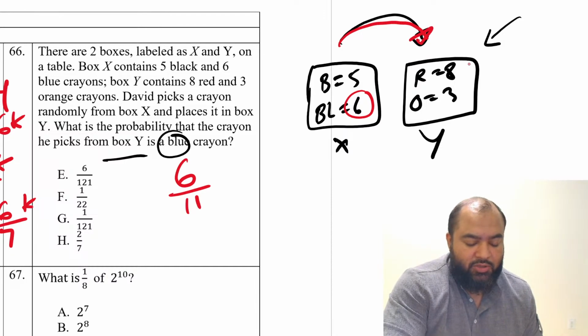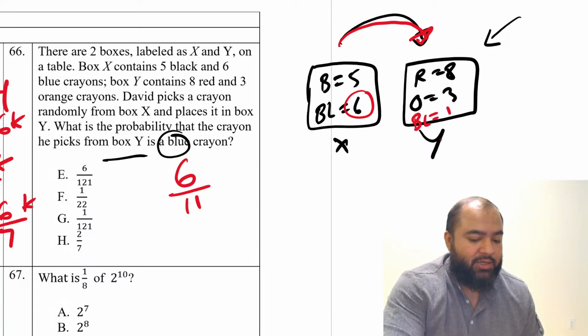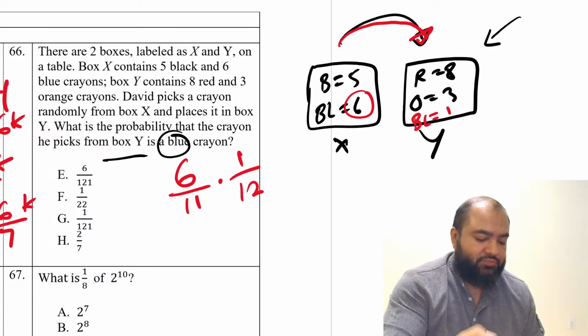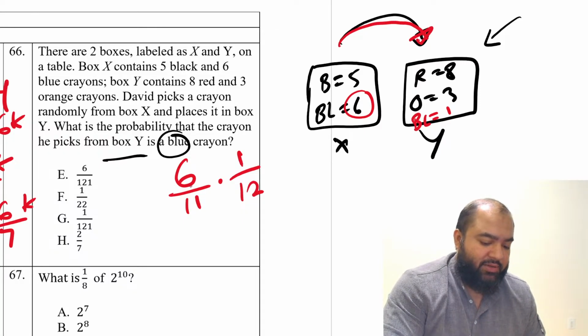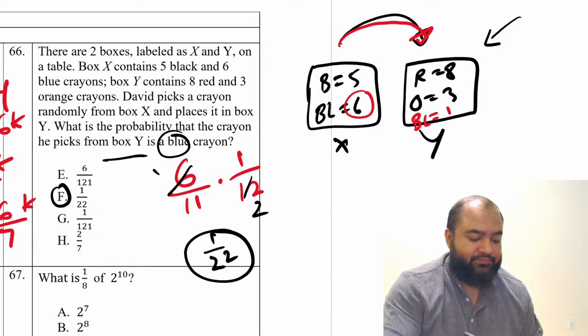Now, the second one: he picked a blue here, so now we have a blue in box Y, because remember he put it in here. Now the probability of picking a blue from box Y is 1 out of 8 plus 4, 12. Now we just multiply. But before multiplying, I can simplify 6 and 12. That's 1 and 2. So it's 1 over 22 if you multiply.